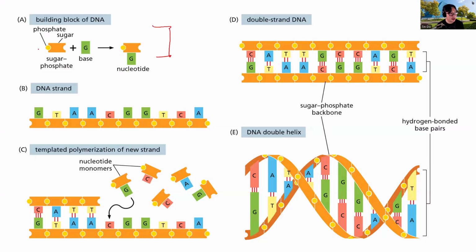In figure A, we're looking at this figure right here. You can see that you're going to have a sugar phosphate. So the phosphate is already present and it's going to bind to one of the four nitrogenous bases. So you have your purines and your pyrimidines. You have your adenine, guanine, thymine, and cytosine. I can't remember the full names of them off the top of my head, but just know that A binds with T, okay?